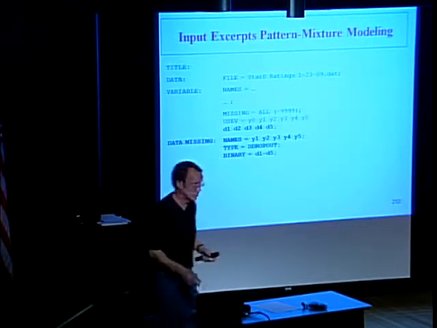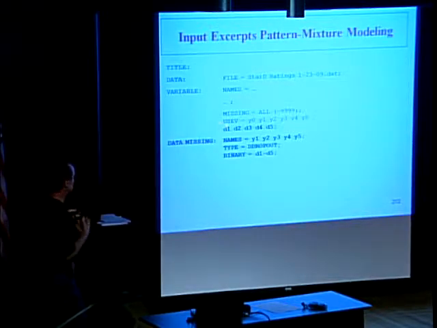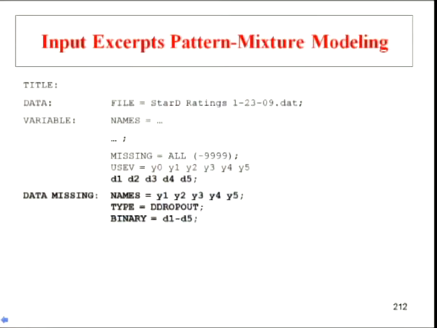So pattern mixture modeling, how do you do it in Mplus? I'm talking about the conventional pattern mixture model here. Again, the use variables, the analysis variables, are not only the y's, but the d's. But in this case, as opposed to selection modeling, we don't declare the d's as categorical because they are x variables here.